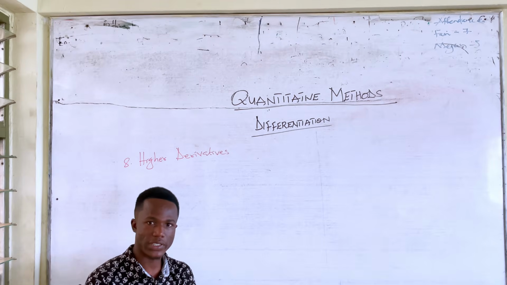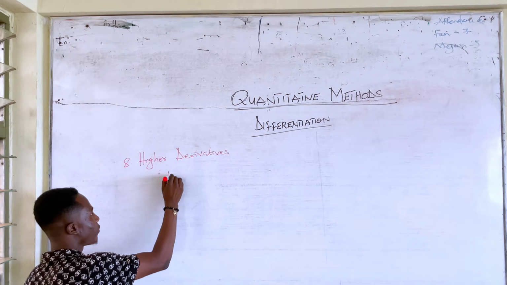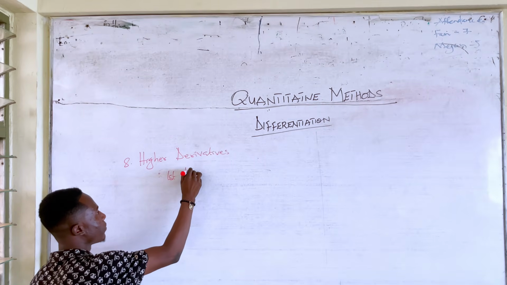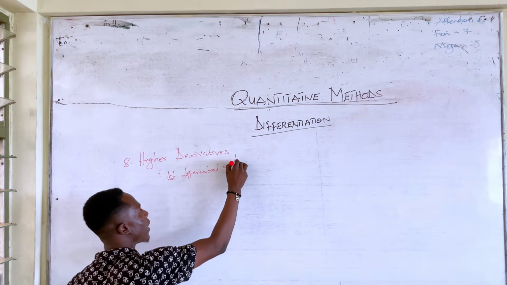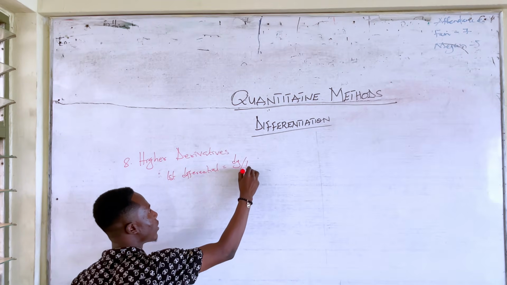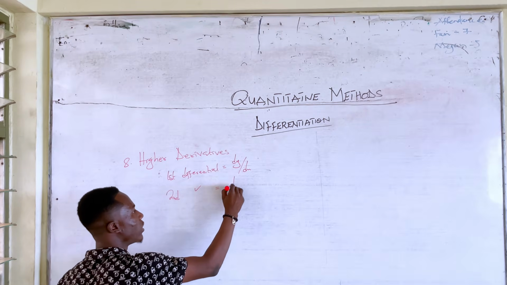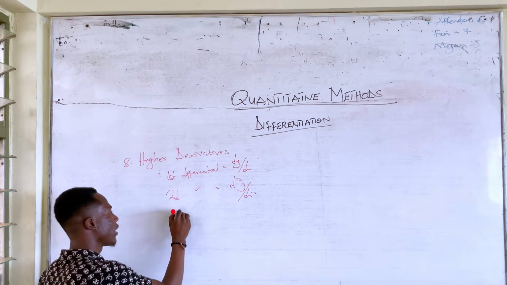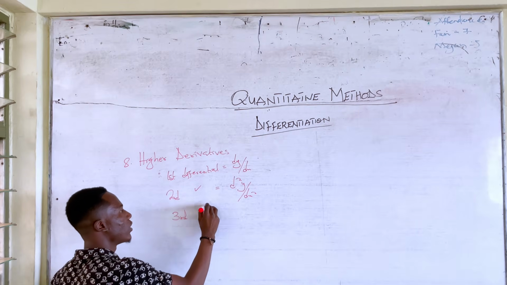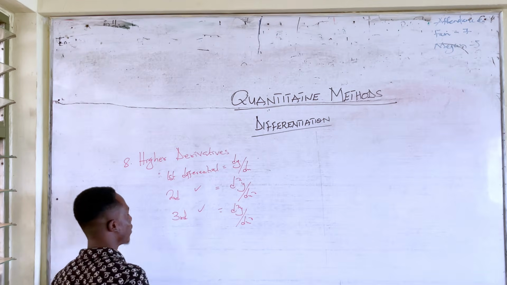The first differential is dy/dx, the second differential is d squared y over dx squared, and the third differential is d cubed y over dx cubed.